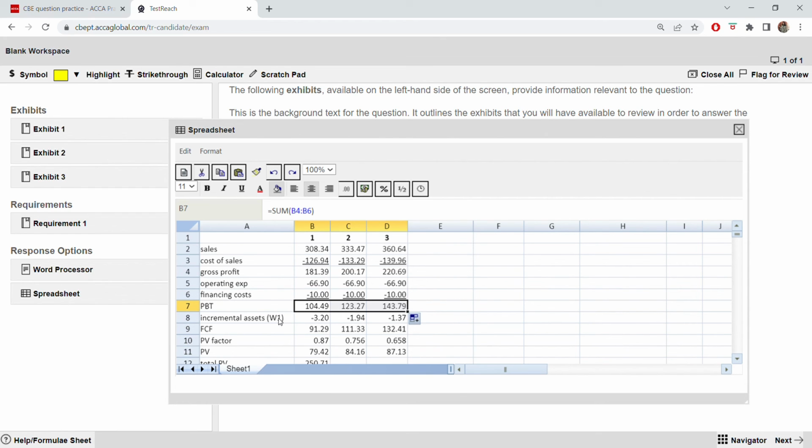Then we have less tax. Tax is what? 28%. So just take equal to 0.28, multiply by this amount, enter. And it's minus, so put minus figure. Drag it to the other two cells.